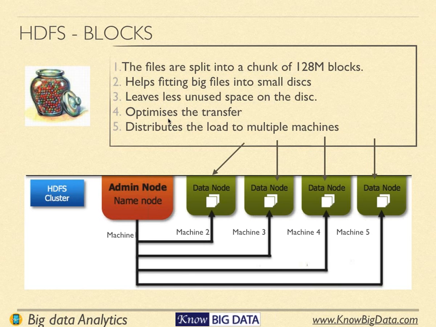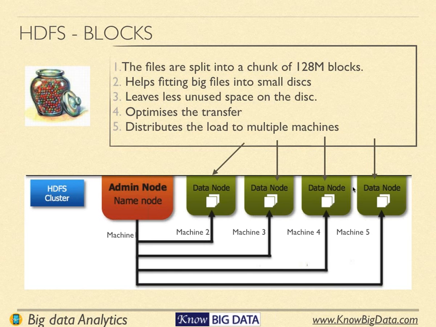If you break a file down into smaller blocks, at most the unused space will be less than 128 MB. So there will be less unused space left on each disk.